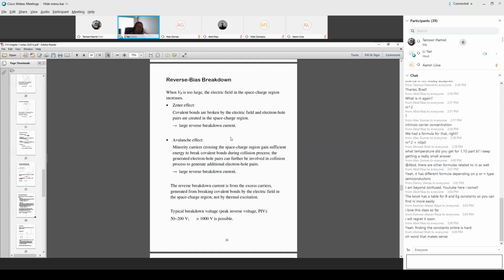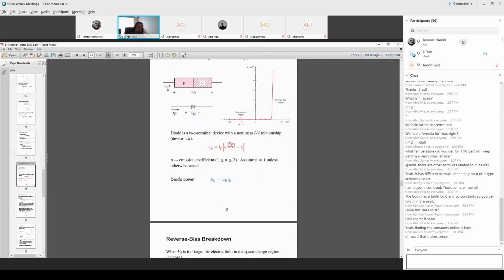Why is it unchanged? Because this term goes to 0, so I_D equals minus I_S, unchanged. But I_S is very small, from amps to picoamps, 10 to the minus 10 to 10 to the minus 12.